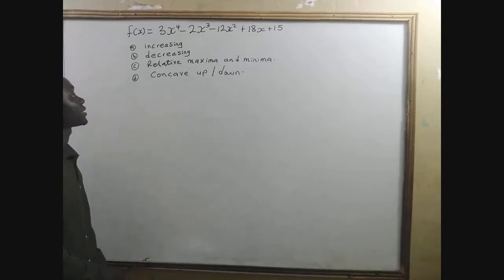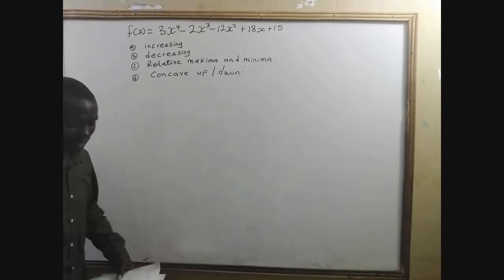We have to find the point at which f of x equals 3x to the power 4 minus 2x cubed minus 12x squared plus 18x plus 15 is increasing or decreasing. Then we have to find its relative maximum and minimum, and also the point at which the function is concave up or down. So let's see.